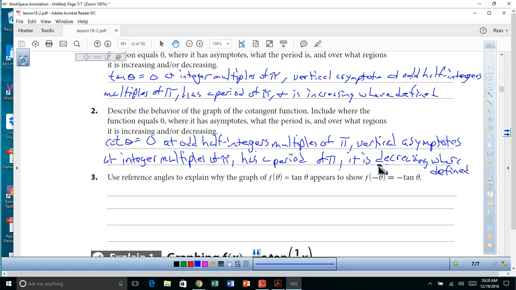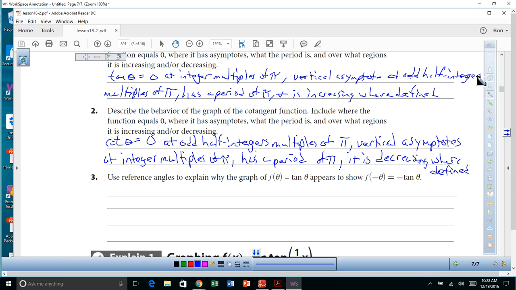The reference angle for an angle negative theta in quad 3 is the same as the angle theta in quad 2, pi minus theta, with the opposite sign for the tangent function.